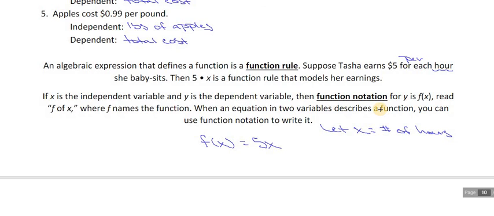And the final result, that output, is going to be the total amount of money that she earns. Okay, and again, f of x is just a fancy way of saying y. So if you want to start off by saying y equals 5x, that's fine, but then we're going to call y f of x.